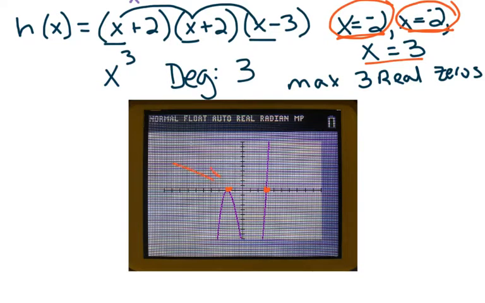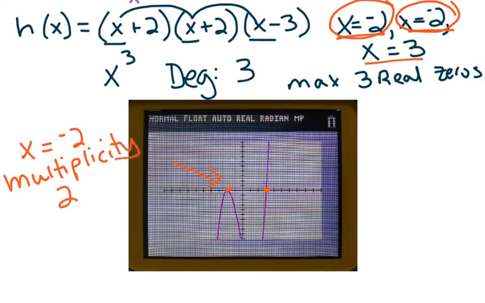So right here, the x value, the 0 of -2, has a multiplicity of 2. Why is the multiplicity 2? Because there's 2 of them. Okay. The multiplicity of the 3 is 1.